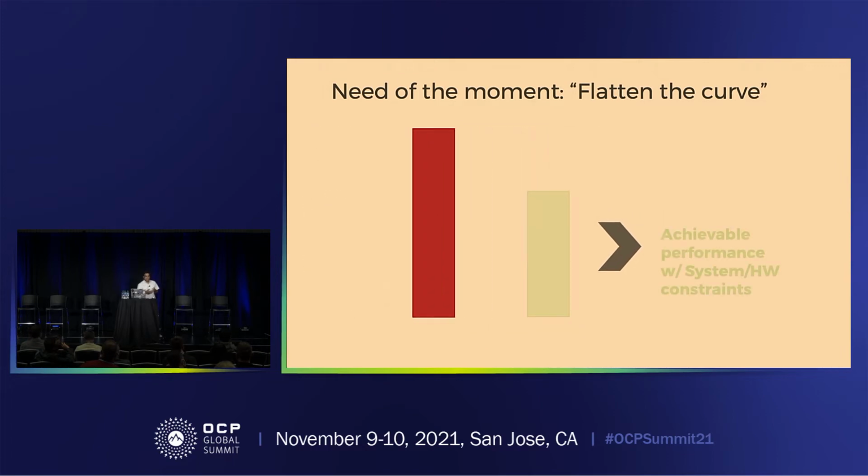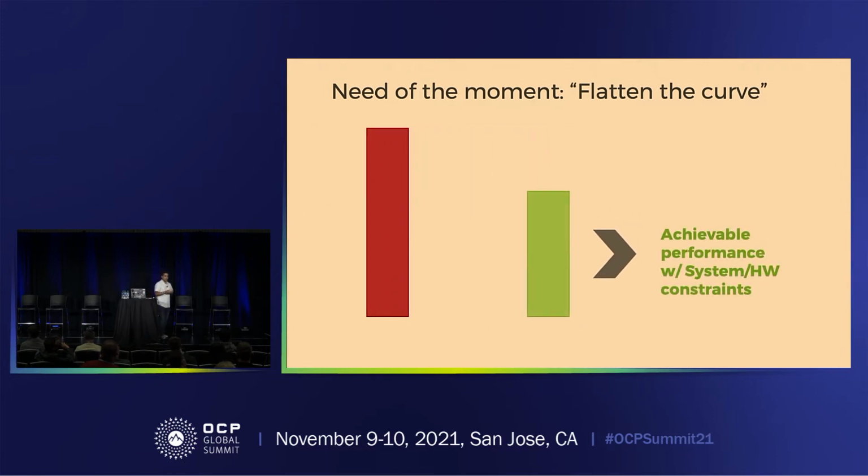But given the constraints that we have with systems, hardware, and process, to look at it more realistically, the green bar is a representation of what we can actually achieve in terms of realistic performance, even with a lot of innovations. So even with all of these innovations, there's a gap.